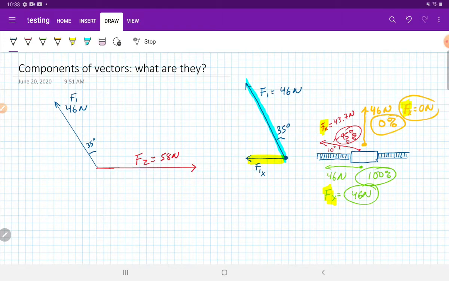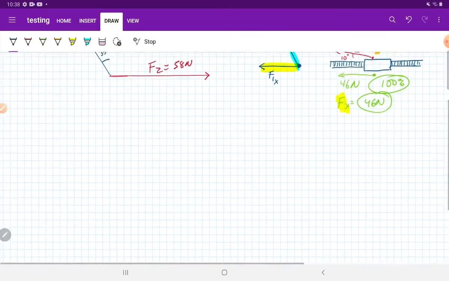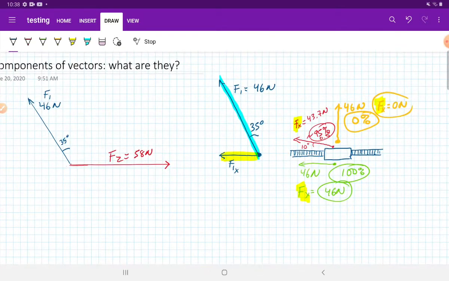And graphically, you can do it mathematically with the formulas that we're using, the cosine and the sine and so on. You can actually do it with a ruler and a protractor. I didn't measure this angle accurately, okay? I didn't use my protractor to draw this vector. But if you draw this vector at 35 degrees and measure it at a scale of, let's say, 44.6 centimeters, every centimeter would be 10 newtons or something like that.